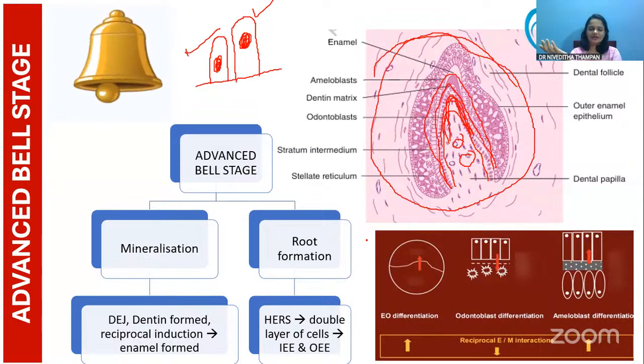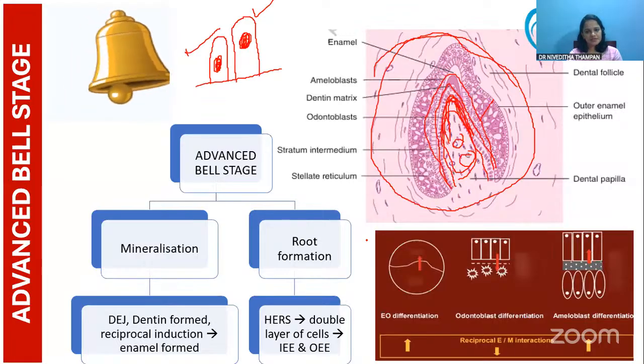So what is the mechanism happening there? Since the inner enamel epithelial cells will not get nutrition from the dental papilla, they try to get nutrition from the nearest blood vessel present in the dental follicle. But these dental follicle blood vessels are at a distance from the inner enamel epithelial cells.